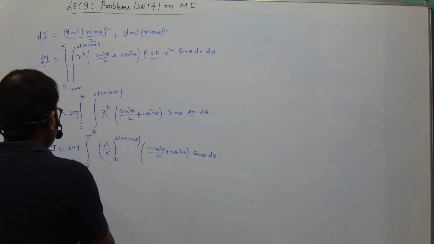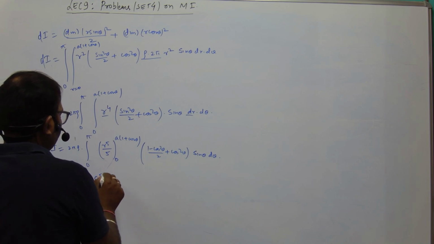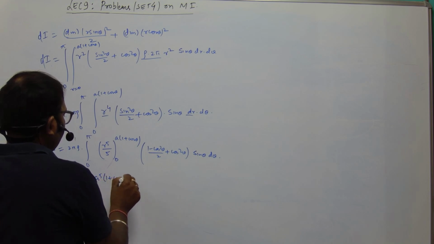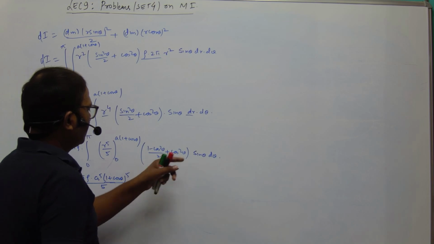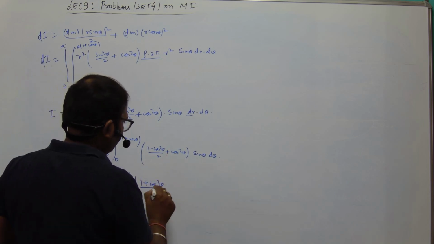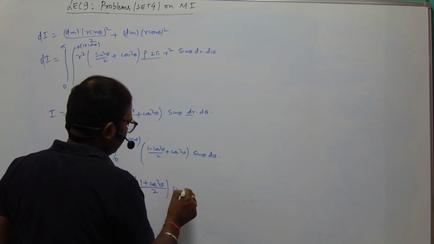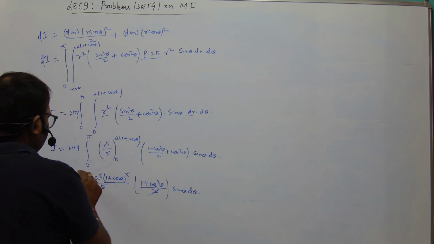So let us place the value here. So I is equal to 2 pi rho into a5 (1 plus cos theta) to the power 5 upon 5, and this we can write as (1 plus cos square theta) upon 2 into sin theta d theta. Okay, so we can cancel this.